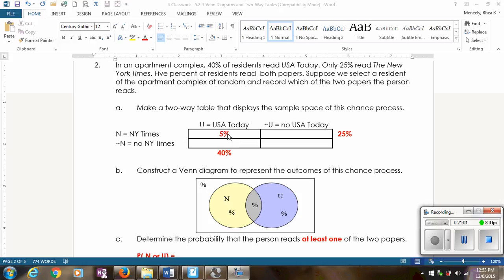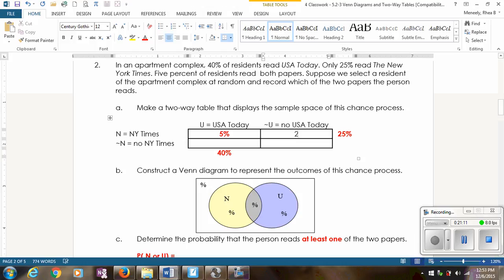So if I know that altogether we have 25% of residents reading New York Times and 5% of them read USA Today, that means that the other 20% do not read USA Today. And that way, all of my people that read New York Times are going to add up to 25. If I look at all of my USA Today residents, I know that the total has to add up to 40%.